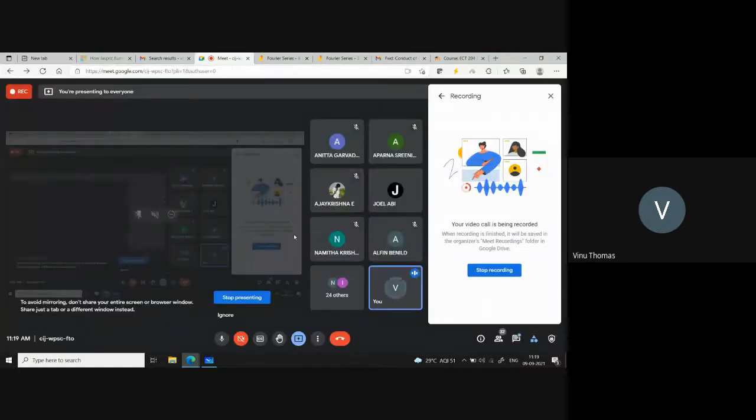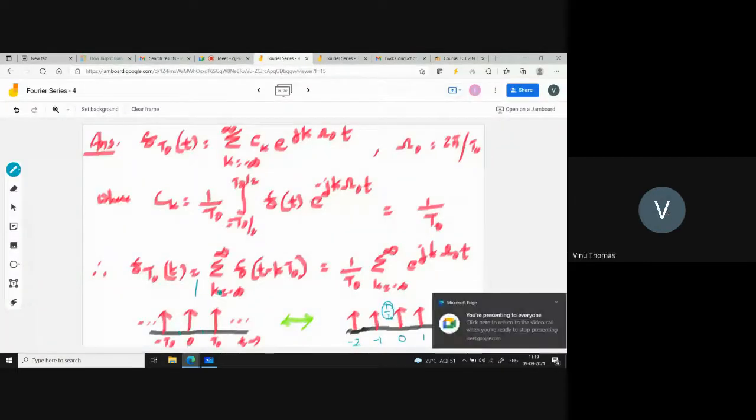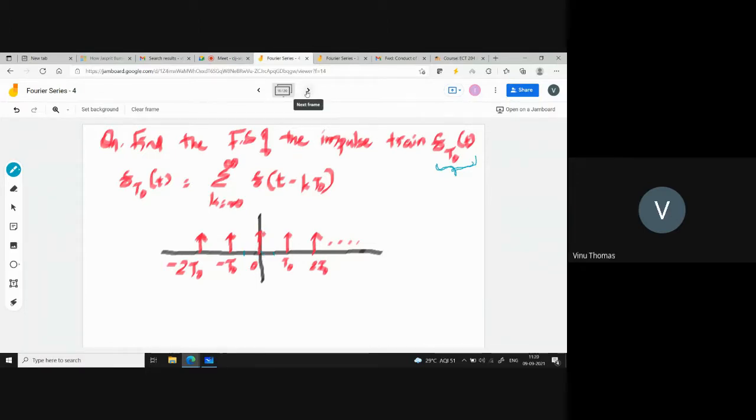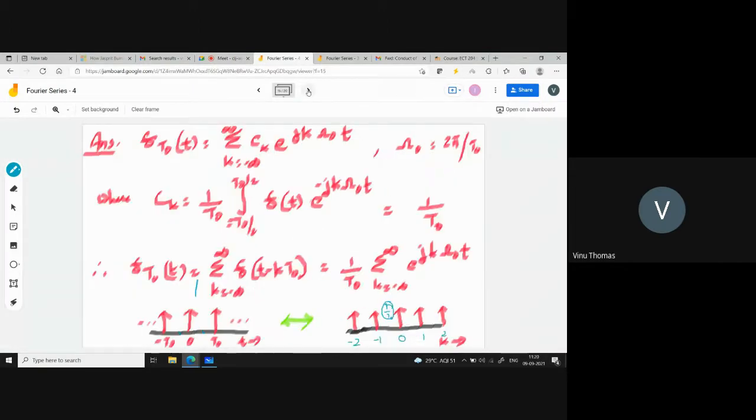Alvin Benil. Yes, sir. What is this function in one interval? I am taking only one interval here, from here to here. There is only one impulse inside this, is there not? Yes, sir. So delta T0 of t will become delta t in one interval. This is delta t into e raised to minus jk omega 0 t dt.